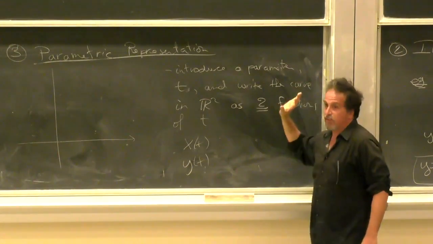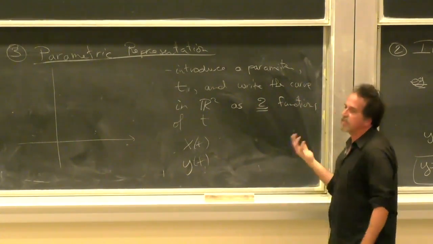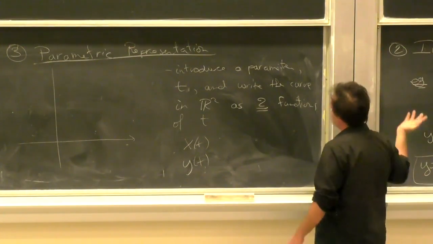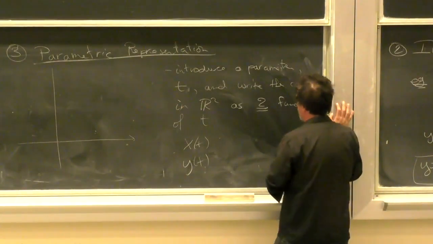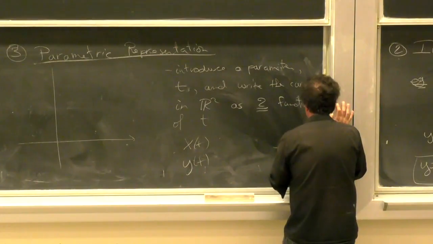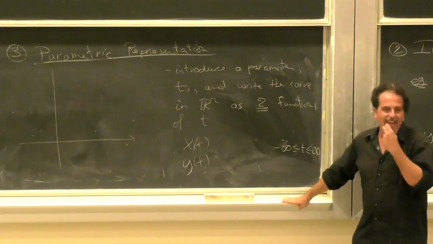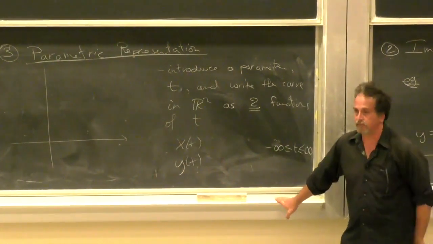But when confronted with a simple problem like a line, you say, okay, I need x to be a function of t. Since the line goes from negative infinity to infinity, I'm going to make t go from negative infinity to infinity. And I'm going to make x be some function of t that I decide.